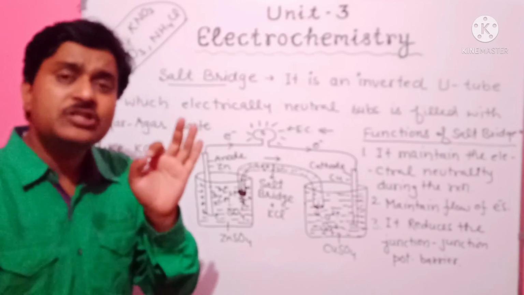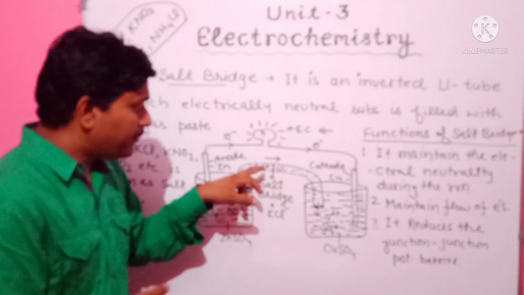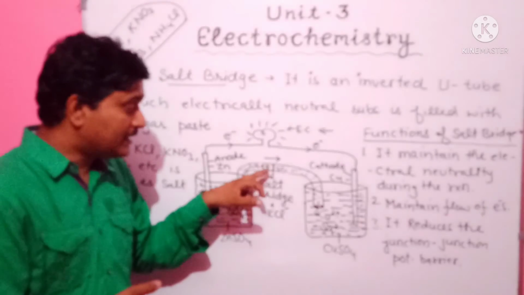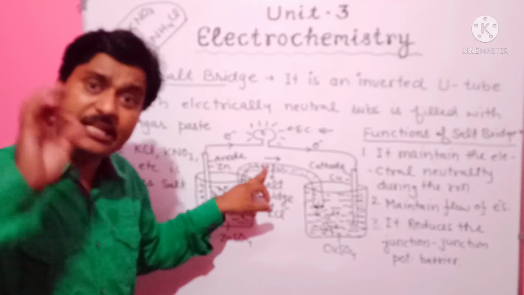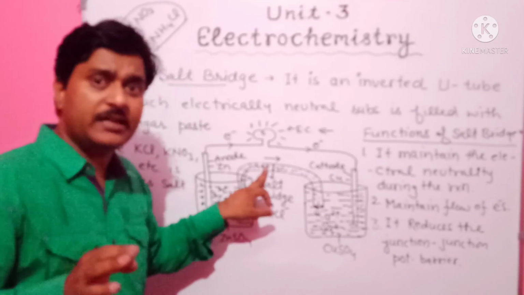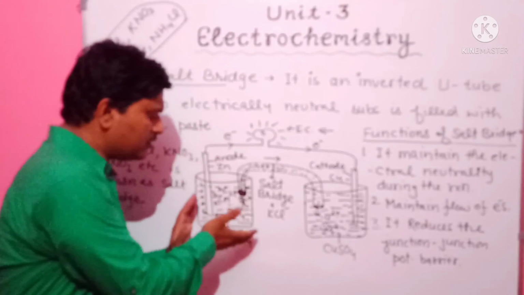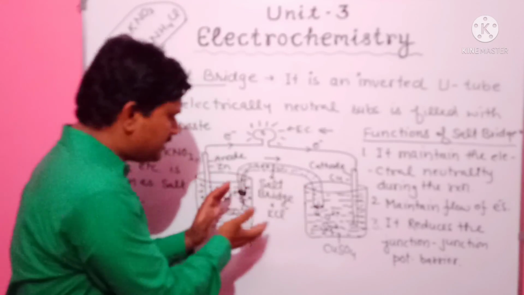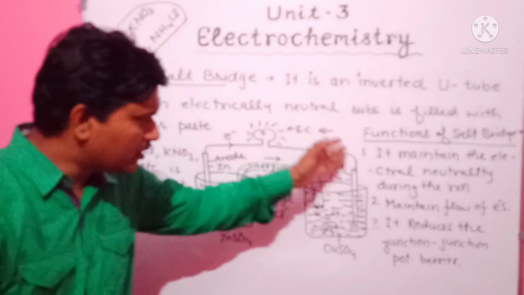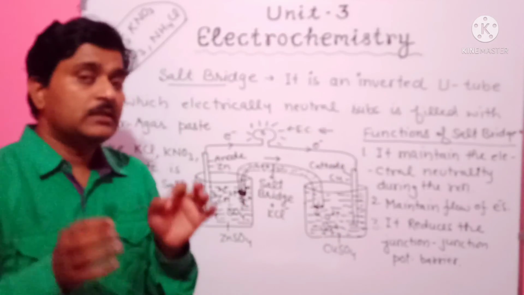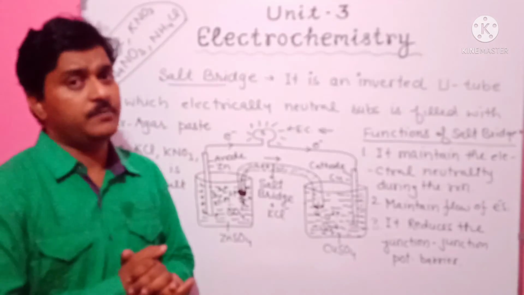It should not react with any half cell, like the anode or cathode. It means it should not react with the electrolyte of the anode or the electrolyte of the cathode. It should be inert. That is the first property of the salt bridge.